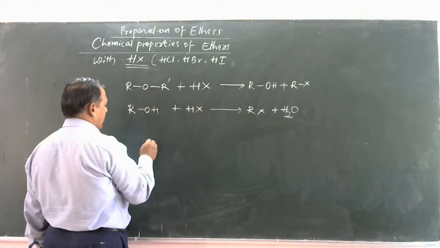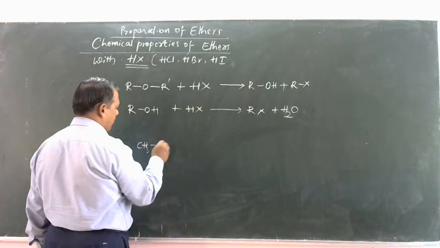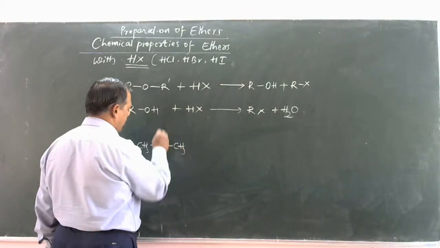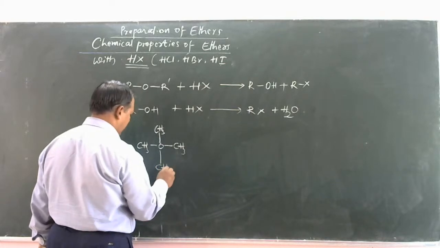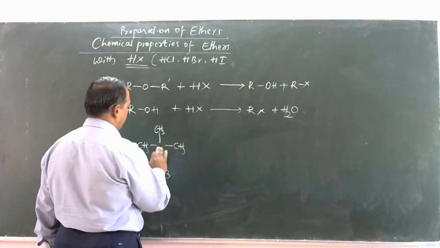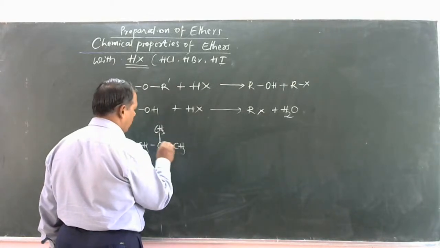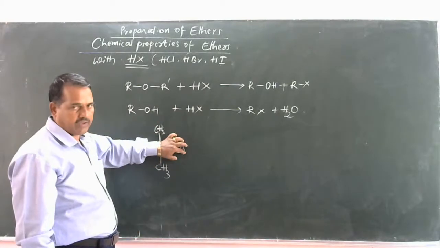See, this is nothing but a primary alcohol. Take for example tertiary butyl methyl ether, (CH3)3COCH3.